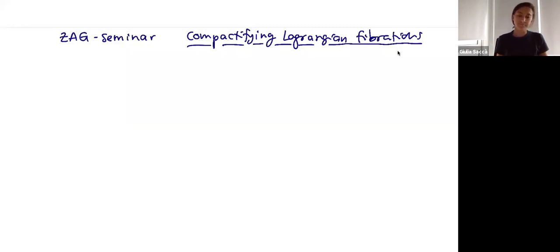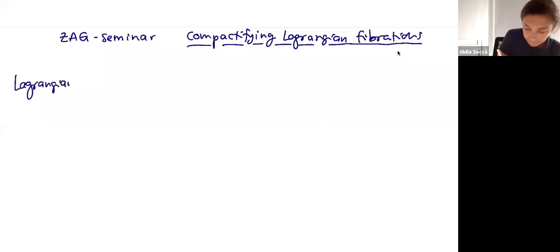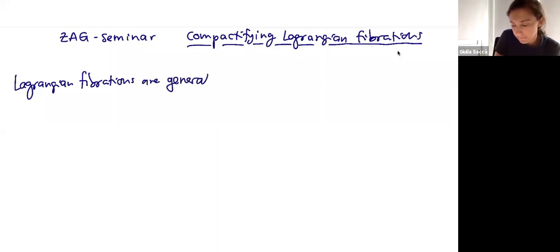So let me just start with a general introduction. Lagrangian fibrations are the natural higher dimensional generalization of elliptic K3s.